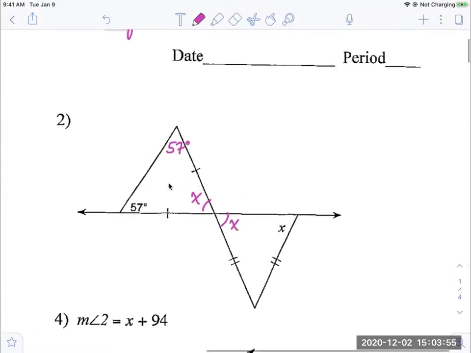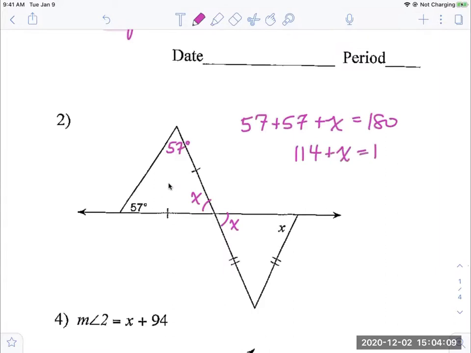So if I just do 57 plus 57 plus x equals 180, that's 114 plus x equals 180. And that means x is 66 degrees. Now again, the reason I used x there is because all of those are the same thing. So all of those angle measures would be 66.